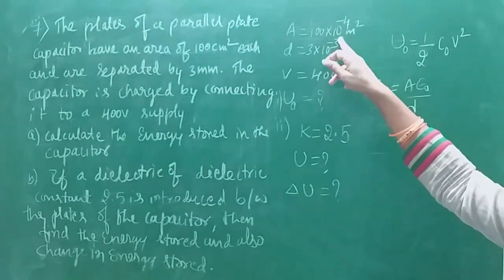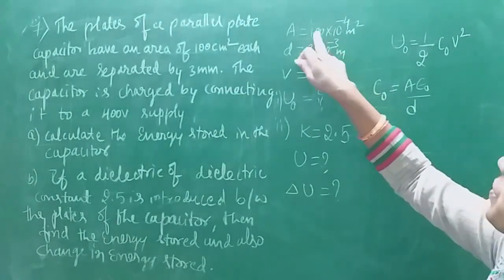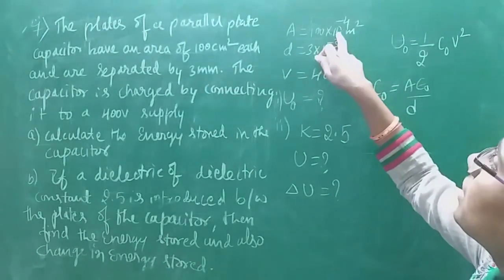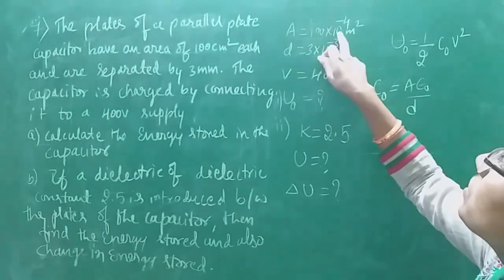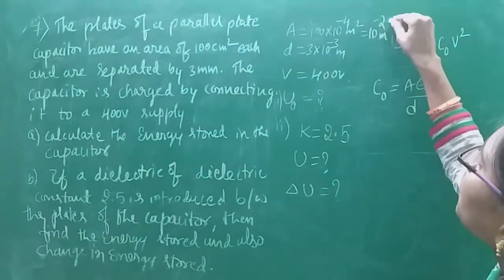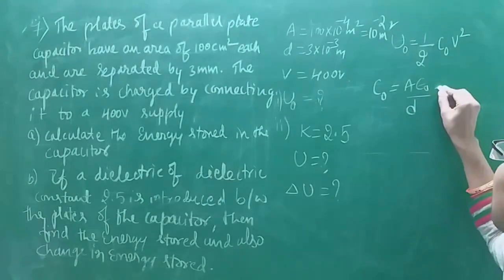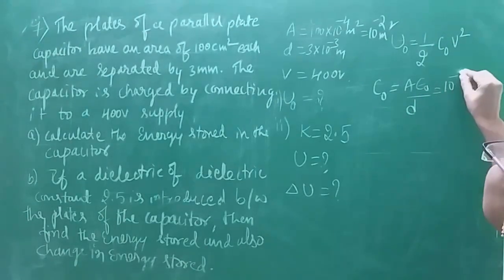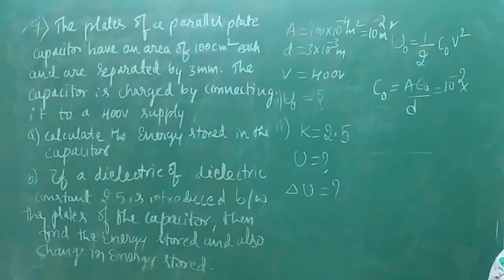A is given as 100 into 10 power minus 4. 100 means 10 power plus 2, 10 power minus 4 will give you 10 power minus 2 meter square. So we can write here 10 power minus 2 into epsilon naught, the permittivity of free space.